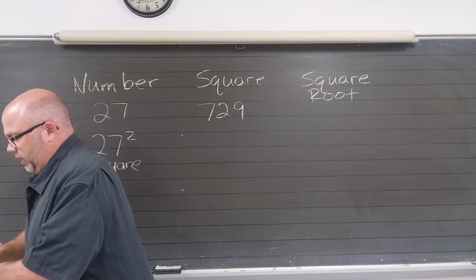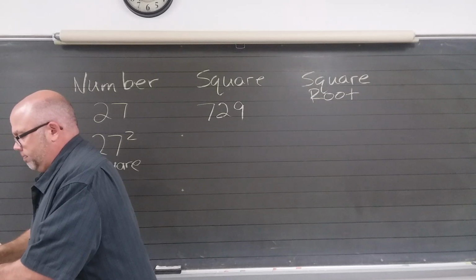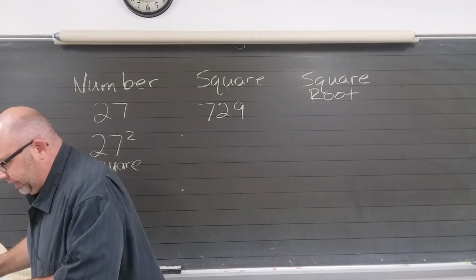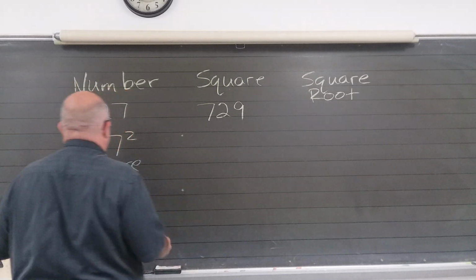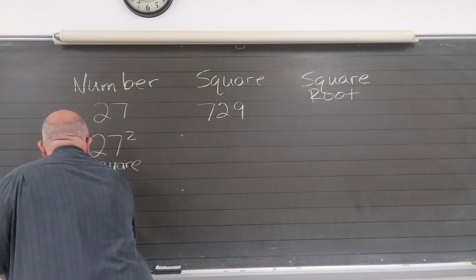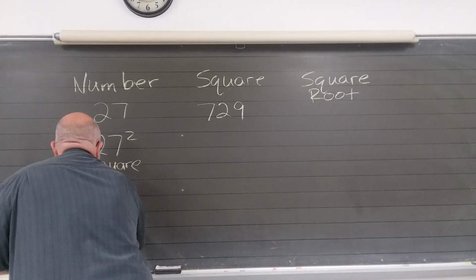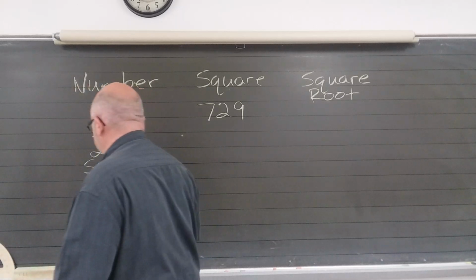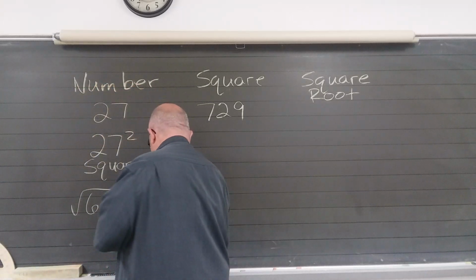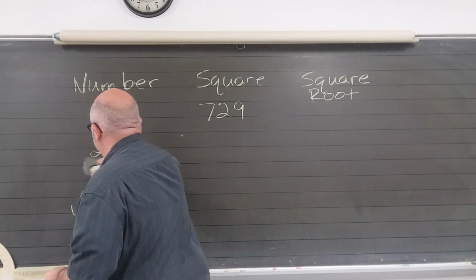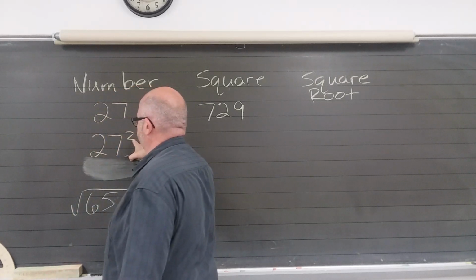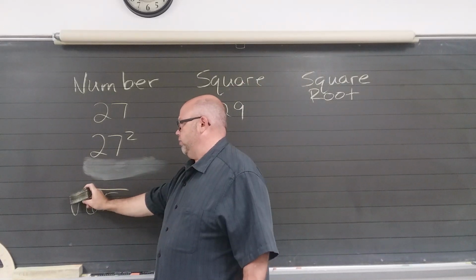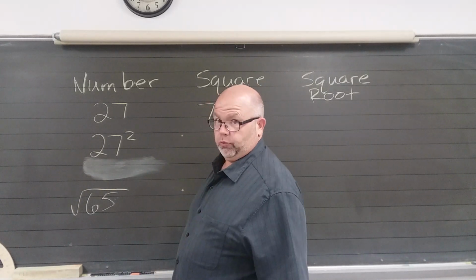What's the square root of 65? This one means, 65 with this symbol is square root. If the number is 27 with a little 2, that is a square. 65 with this symbol is square root.